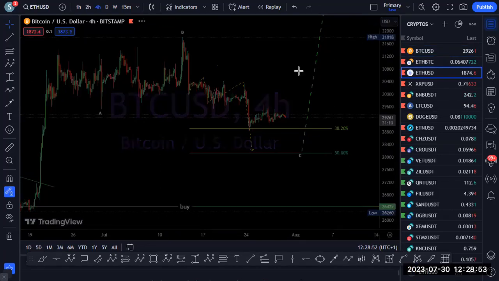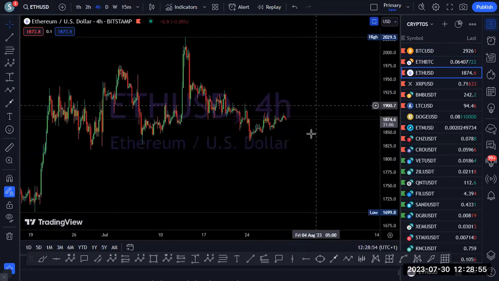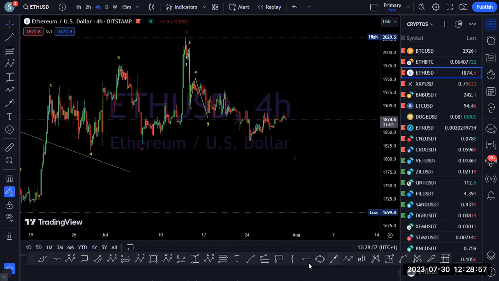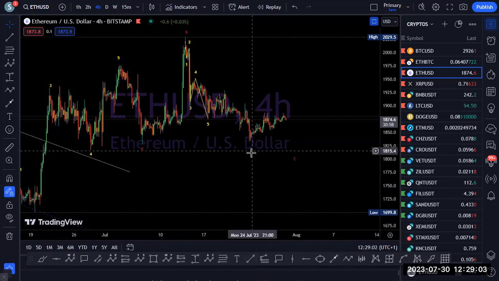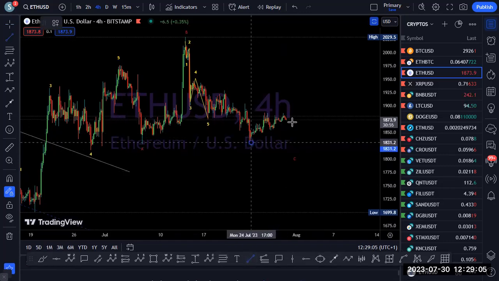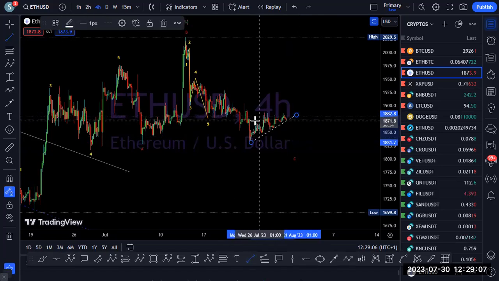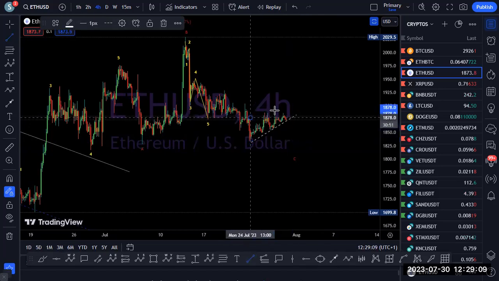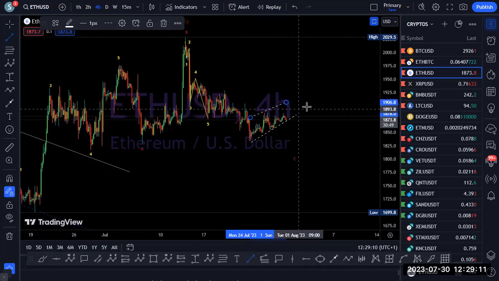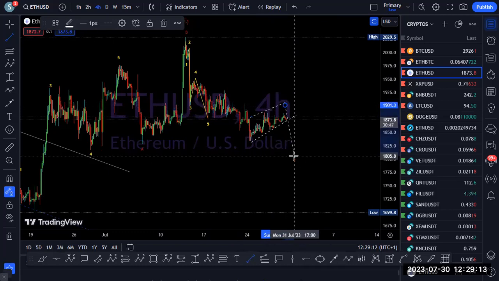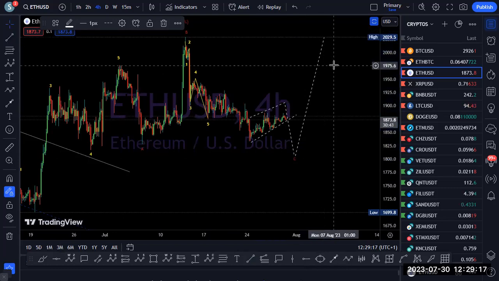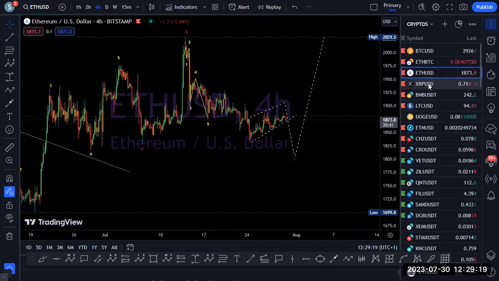Ethereum USD, same situation. I'm looking for a further drop, at least one more drop on Ethereum. When I get one more drop, then I'll begin to look for buy. But for now, I'm looking for drop.